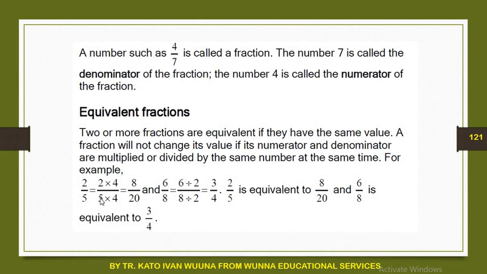Then we shall multiply 5 by 4 to get 20. So meaning that 8 out of 20, which is what we have gotten after multiplying, is the same as 2/5 that we had before multiplying, and therefore we shall say that 2/5 is the same as 8/20. In other words, these two are now equivalent fractions.